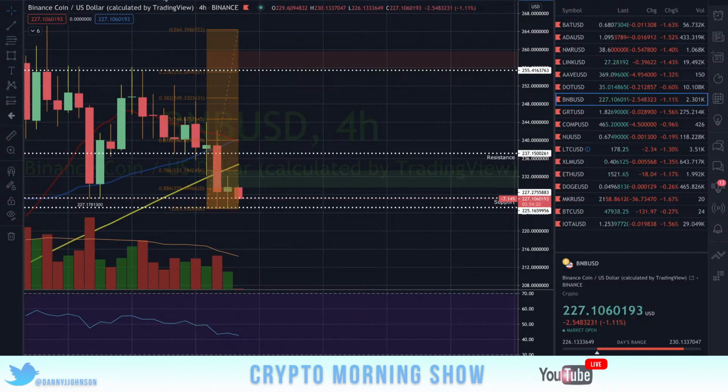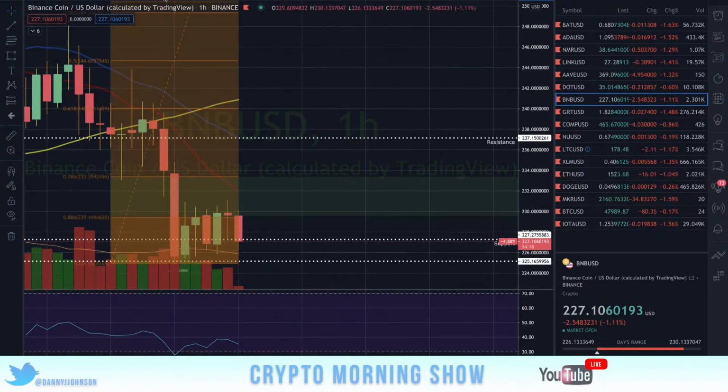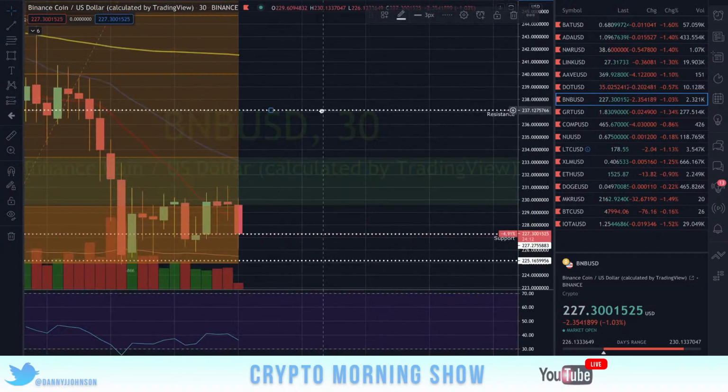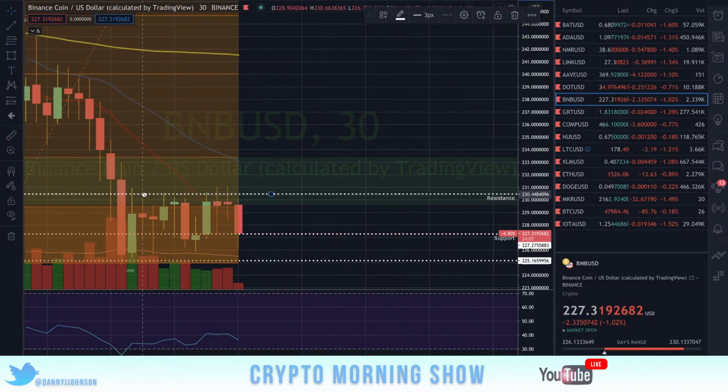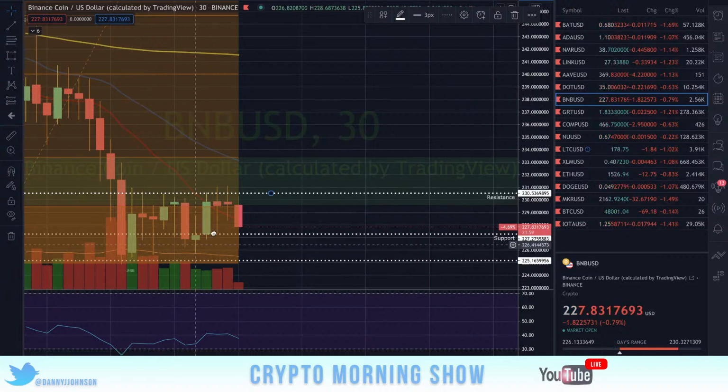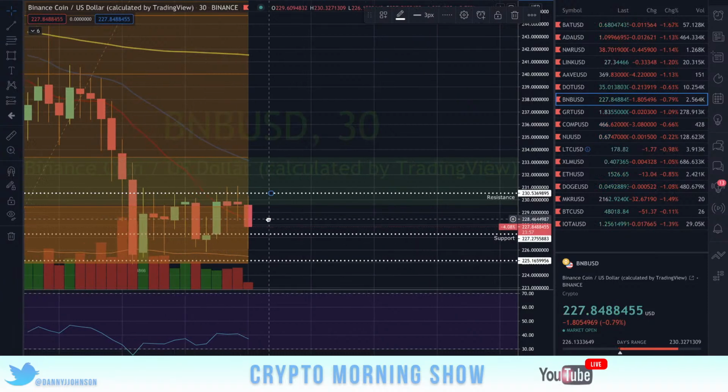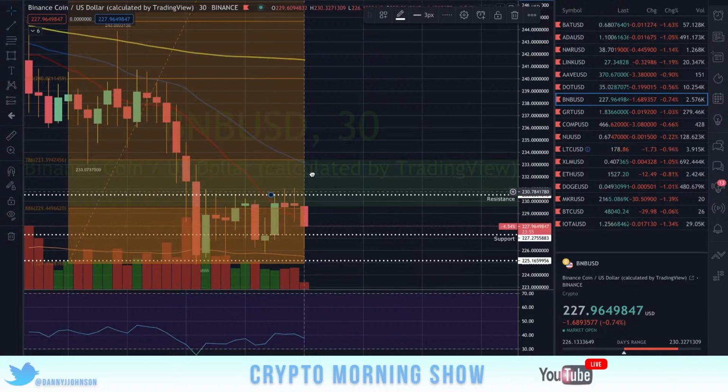We may need to go into the 1 hour, maybe even the 30-minute to find it. Yeah, you can see all this activity here. We have the 230.51 resistance. You know, we're in a market tight range here. We are in the trade zone for this particular one.